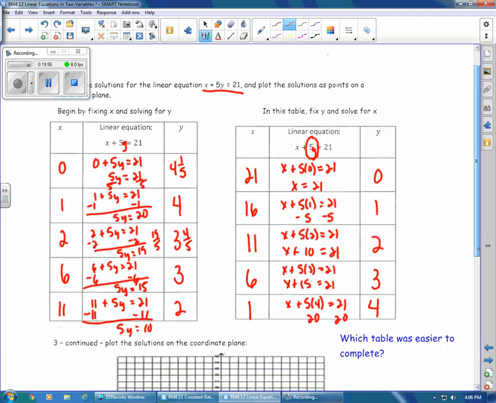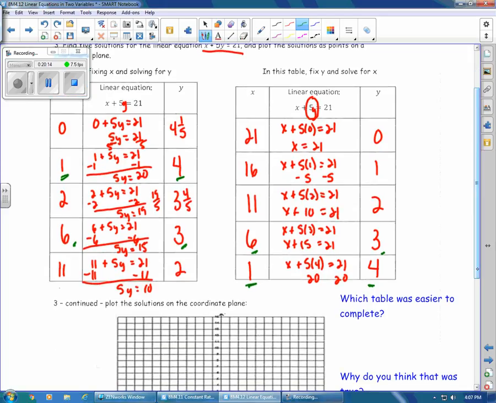If you notice, we have some that are the same, and they should be the same. I've got a 1, 4 here and here, and I've got 6, 3. Once I figured out what I was doing on the other side, it worked. So which table was easier to complete?